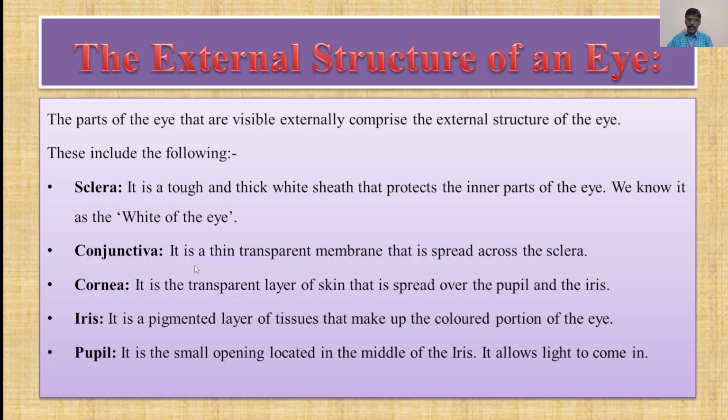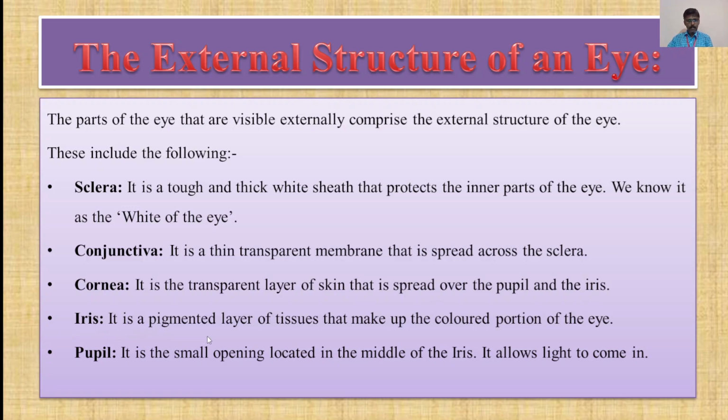It is a very thin, transparent membrane that is spread across the sclera. Then the most important, as described in the earlier diagram by me, is the cornea. It is the transparent layer of skin that is spread over the pupil and the iris. Then the next part is the iris.